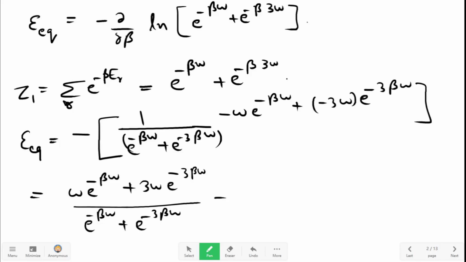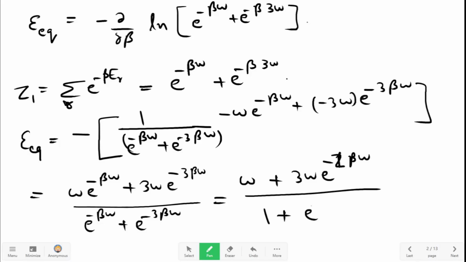If you divide all the terms by e raised to minus beta omega, this will be equal to omega plus 3 omega e raised to minus 2 beta omega, divided by 1 plus e raised to minus 2 beta omega. So we are dividing numerator and denominator by e raised to minus beta omega, and then we get this.